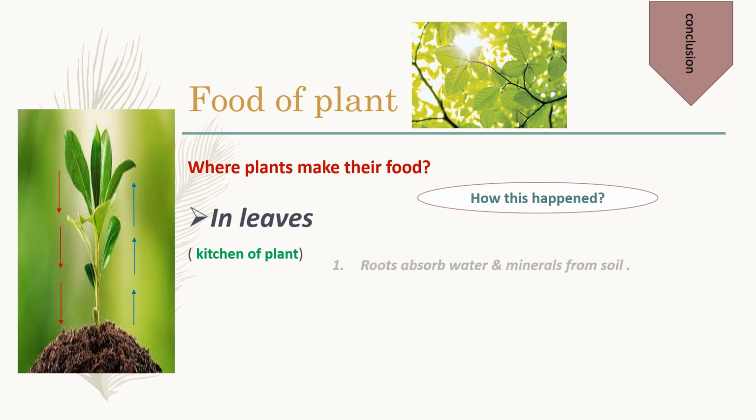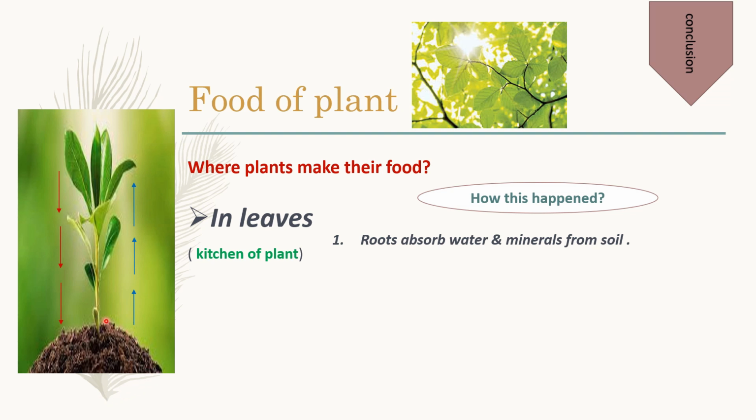The first step, roots absorb water and minerals from the soil. Now this plant needs water, minerals and sunlight to make food. You remember that? Right. And as I told you before, the plant parts help to make food. How?